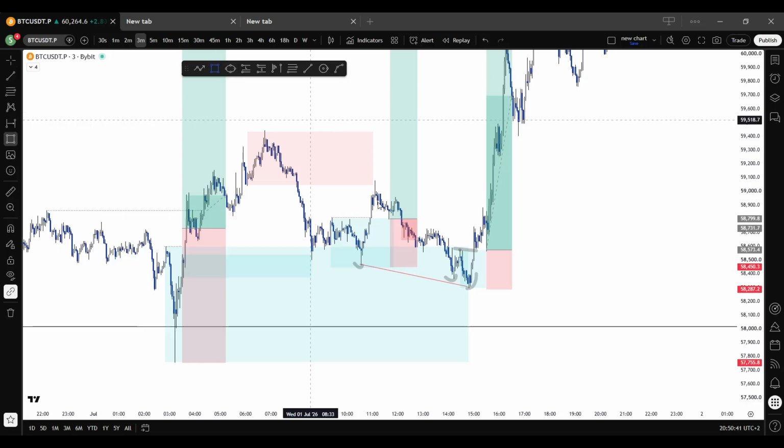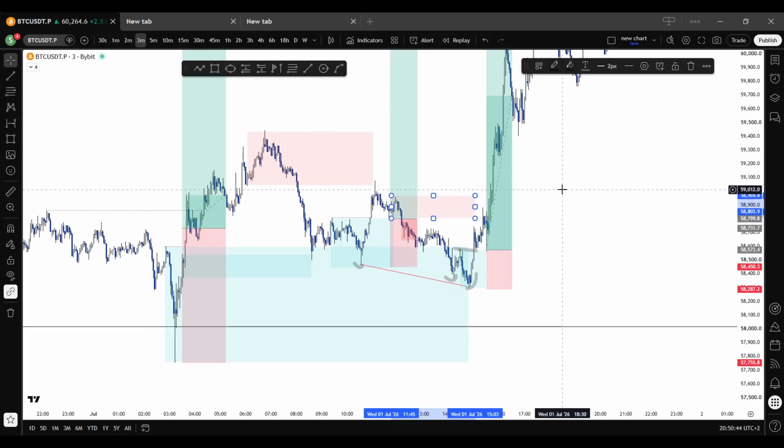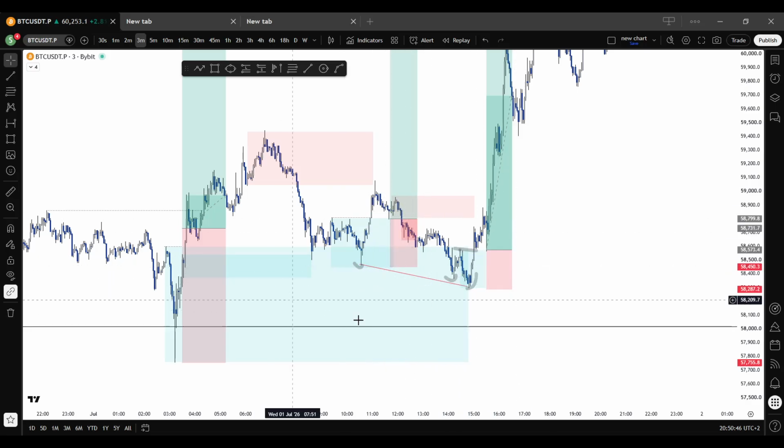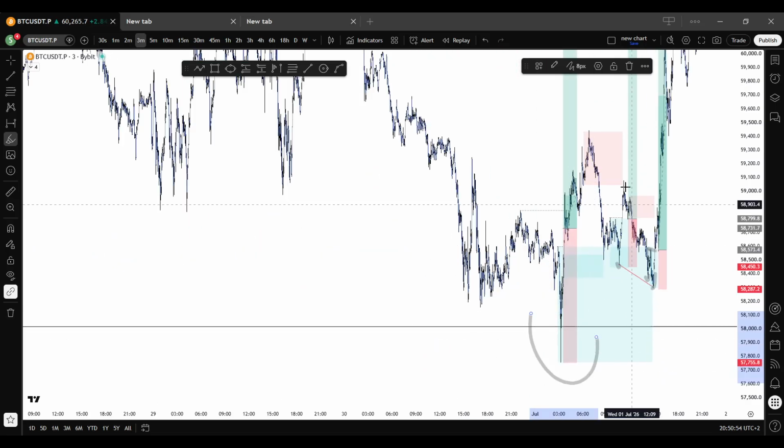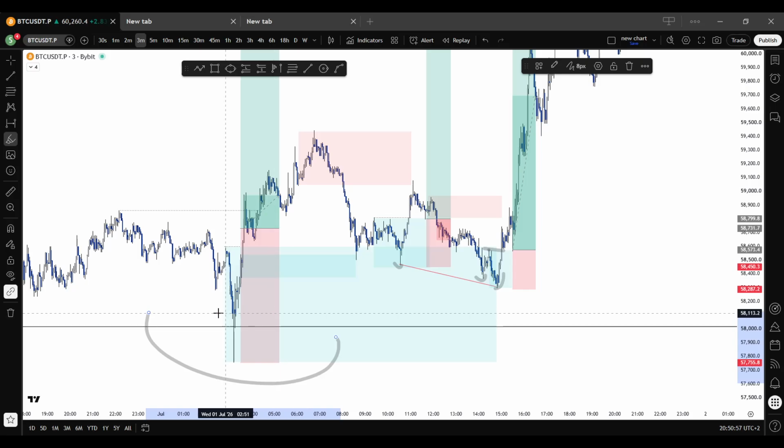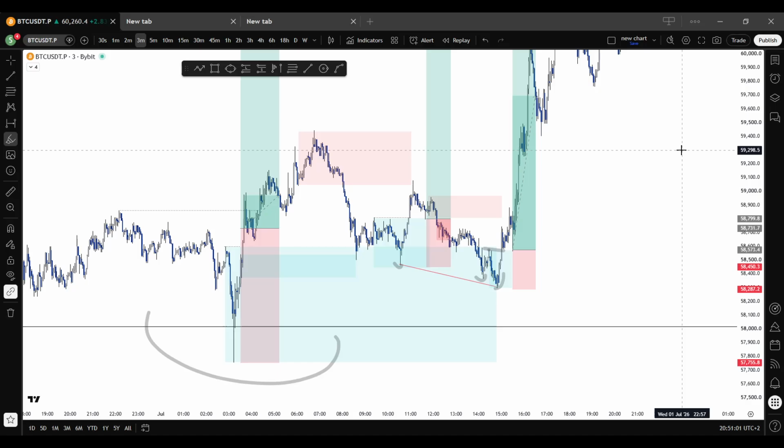Here we even had this low time frame supply, but nobody cares because we had this stronger accumulation. You shouldn't get trapped by these small things. We had this massive SFP, so many longs got filled around here. Our expectation is a rotation to the high.